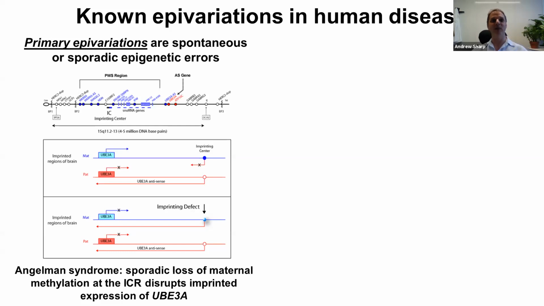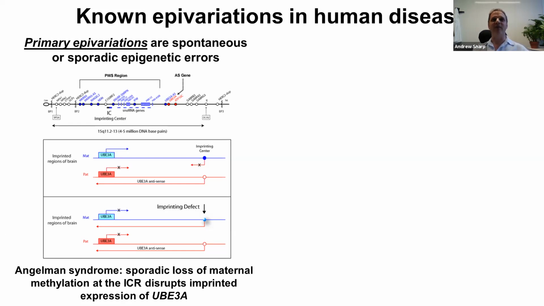And they were, in humans at least, first described typically in association with imprinting errors. For example, there have been epigenetic errors associated with Angelman syndrome, where there are no sequence mutations that people can identify, but instead there just appears to be an imprinting defect so that the imprinting mark is not properly established, resulting in Angelman syndrome.